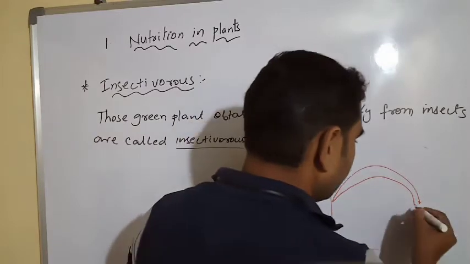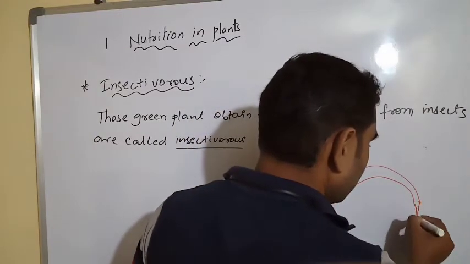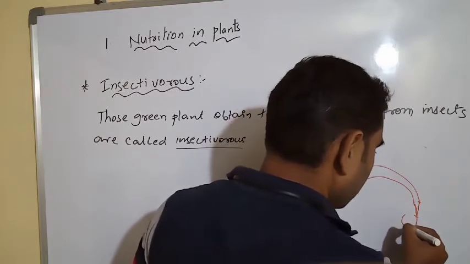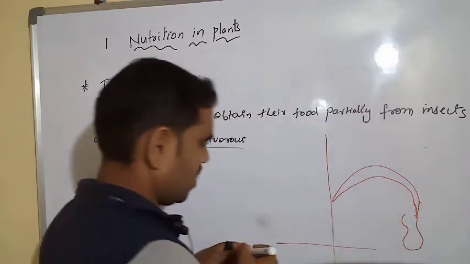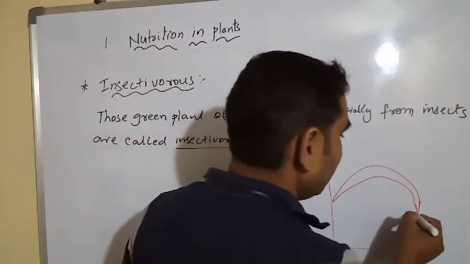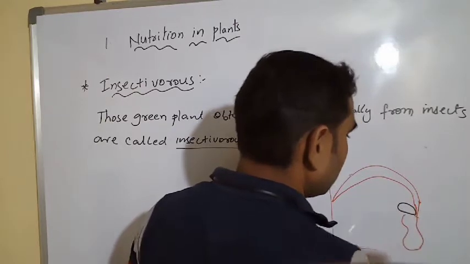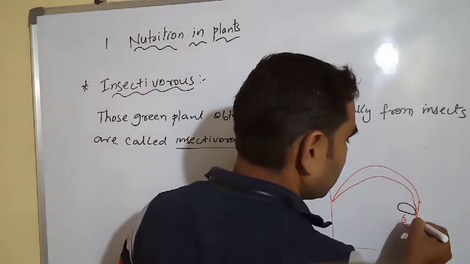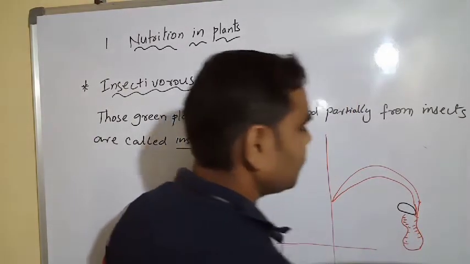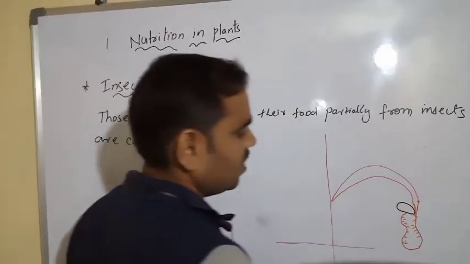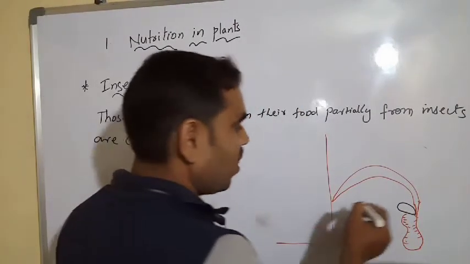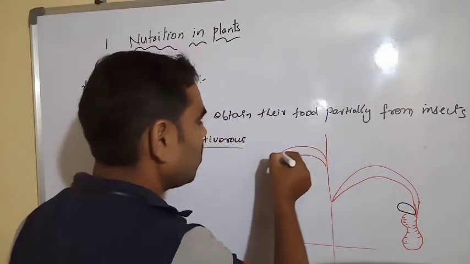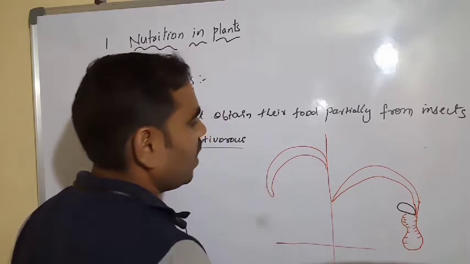For example, upside is a lid. There are trapping hair-like structures. What will happen when an insect comes to eat the plant?